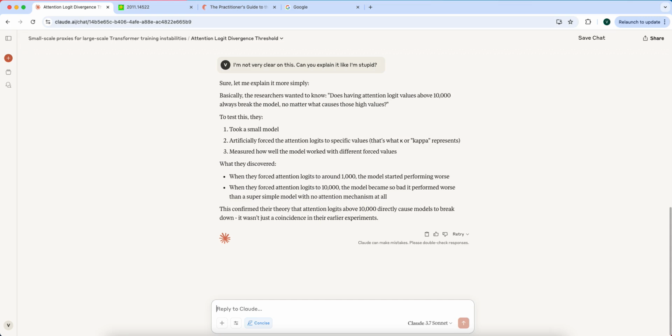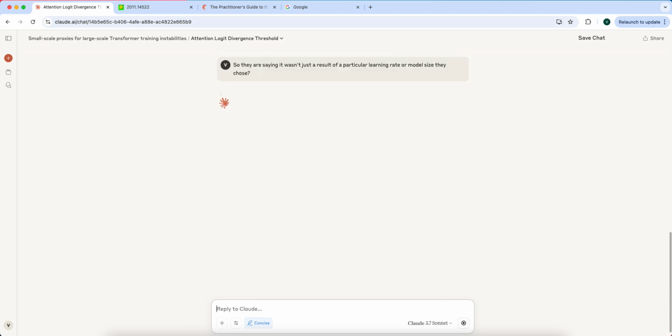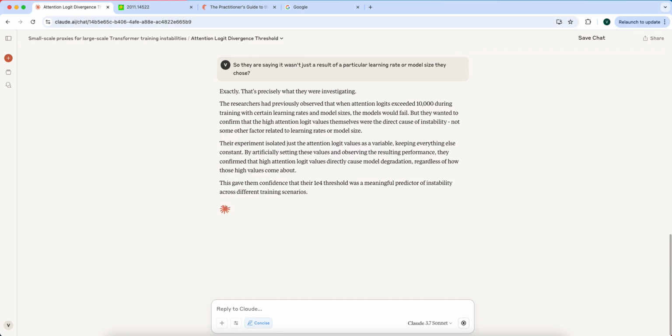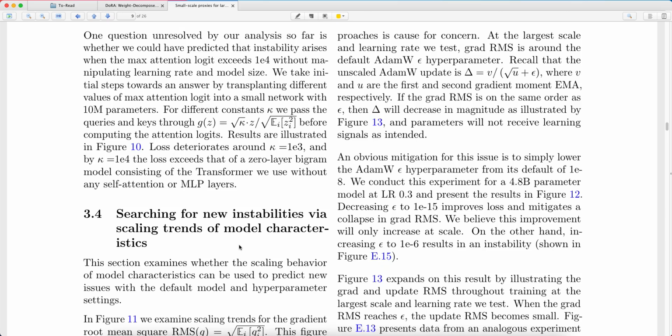It wasn't just a coincidence. Okay, so they are saying it wasn't just a result of a particular learning rate or model size they chose. Okay, I see. All right, I think that makes sense.